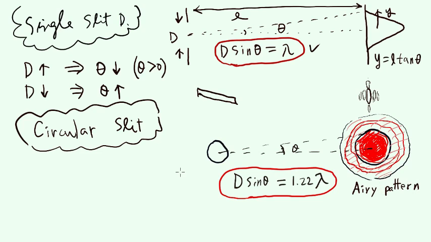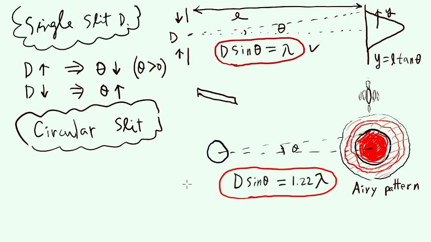You can go on and ask the question, if I have a slit that looks like a banana slug, what kind of diffraction pattern will I get? Well, in that kind of case, maybe the best thing to do is to calculate the diffraction pattern using a computer program.